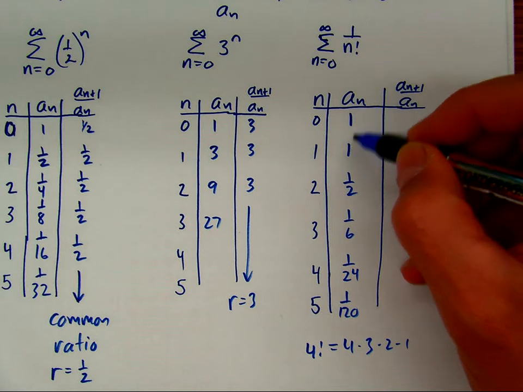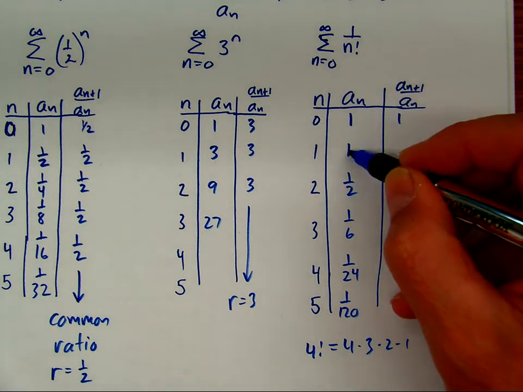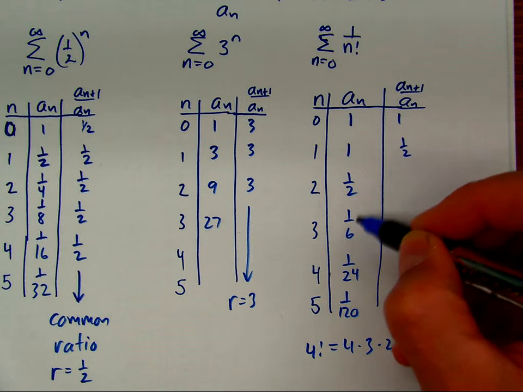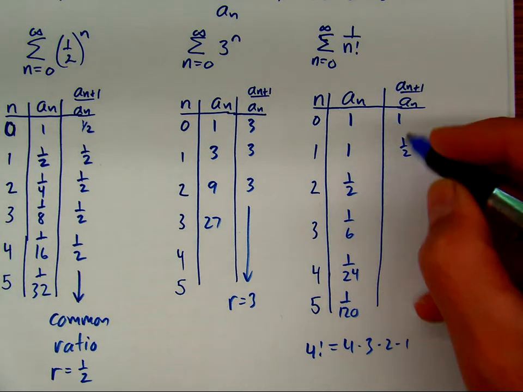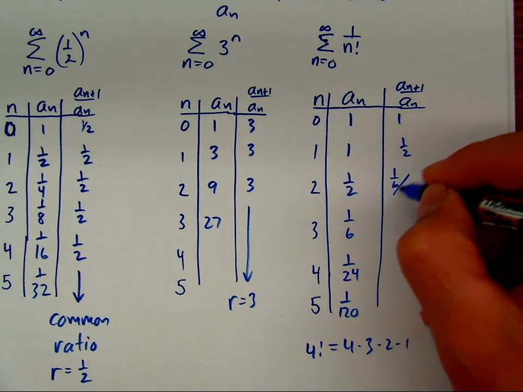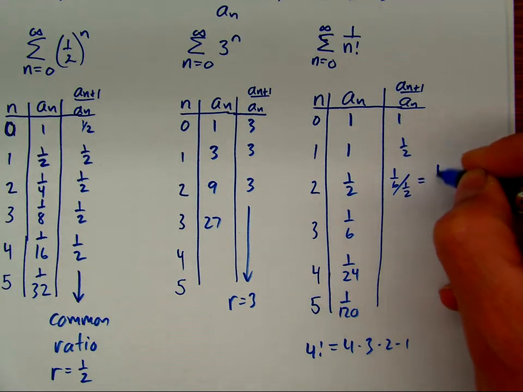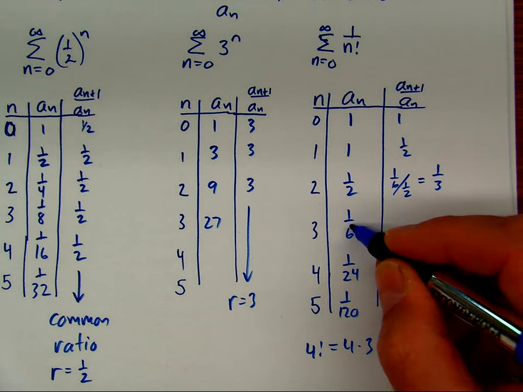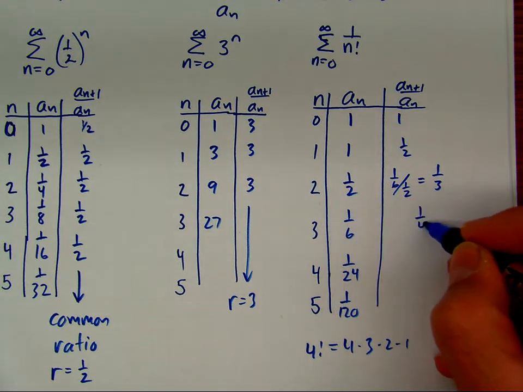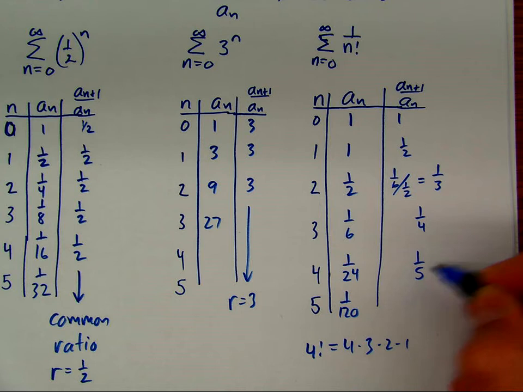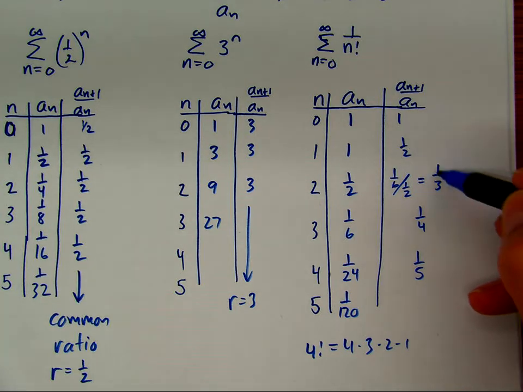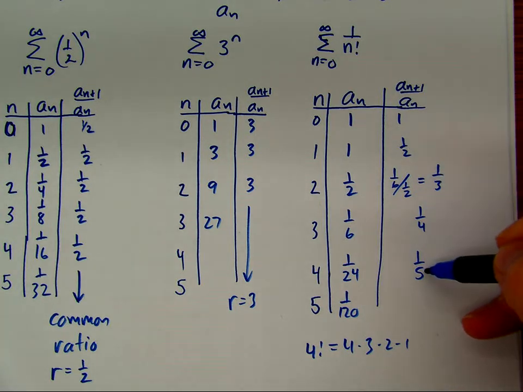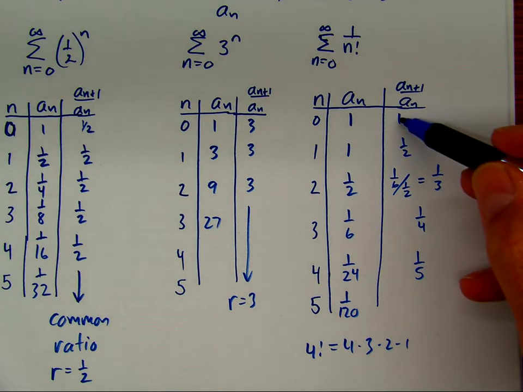Here we'll have 1 over 1, 1 half over 1, 1/6 over 1 half. 1/6 divided by 1 half is 1/3. Here we'll have 1 over 24 divided by 1 over 6, and that's 1/4. This is 1/5. So we see the ratios are decreasing, with the exception of this one.